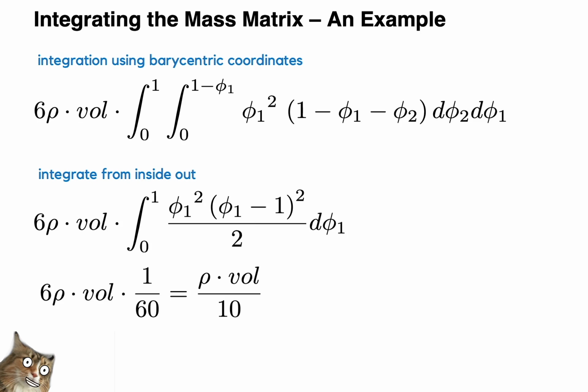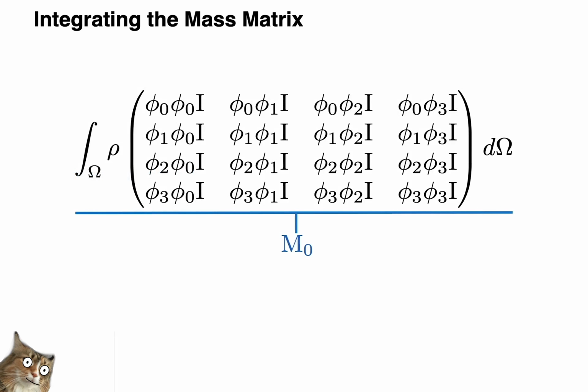We simplify a bit and arrive at the solution 1/10 of the total tetrahedron mass. Now we can fill in the entire mass matrix by evaluating the remaining integrals. You can do these by hand, of course, but typically one uses a symbolic integration package like MATLAB's Symbolic Math Toolkit to expedite this process.